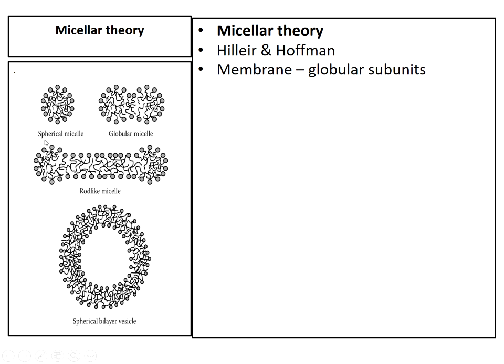We can observe the spherical micelle, where the arrangement is quite spherical, and you also observe the globular micelles. The structure is globular, and we can also observe the rod-like micelle. These are globular units that look rod-shaped.